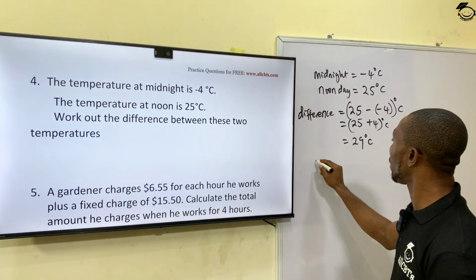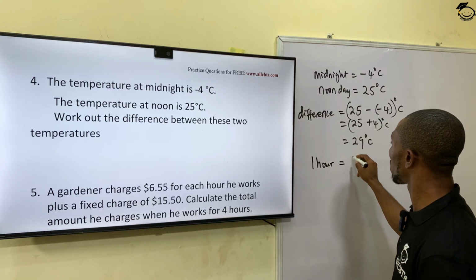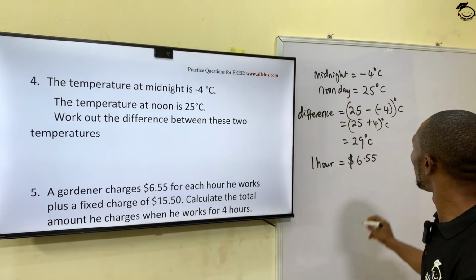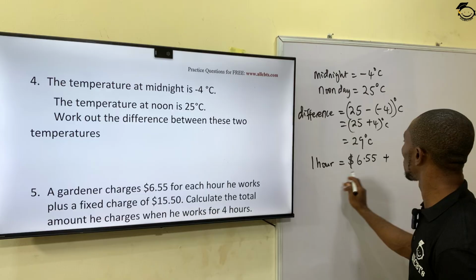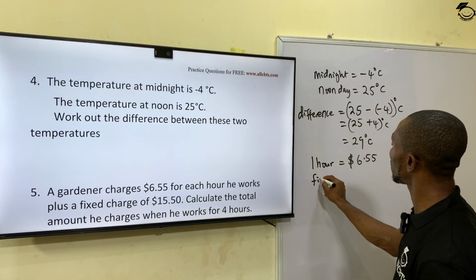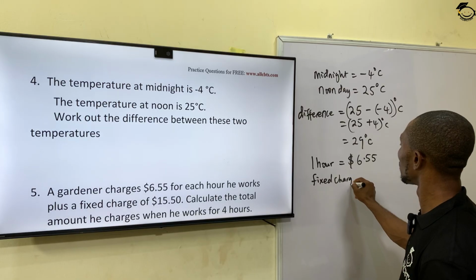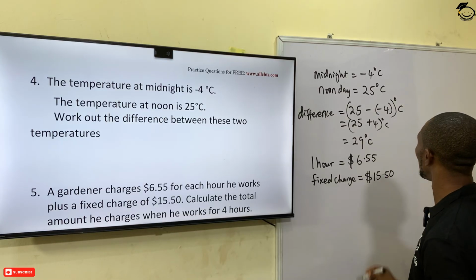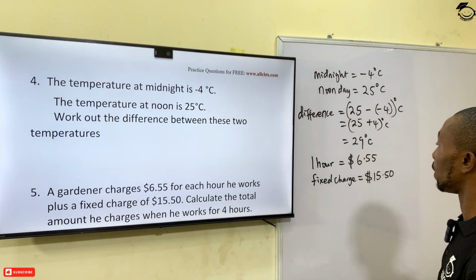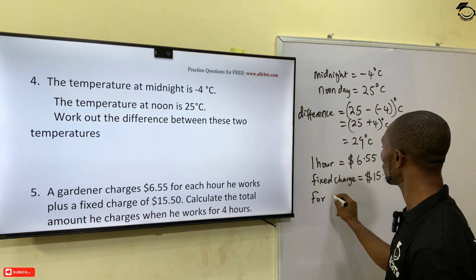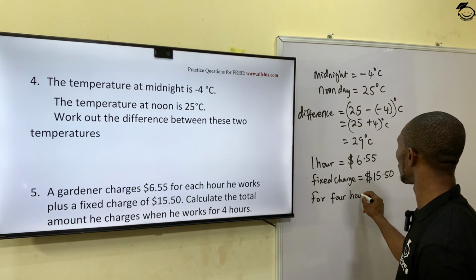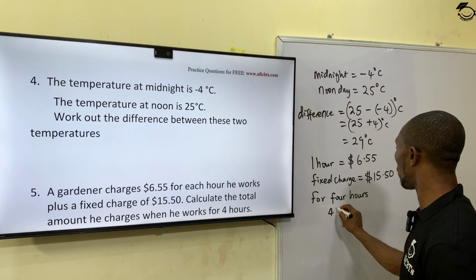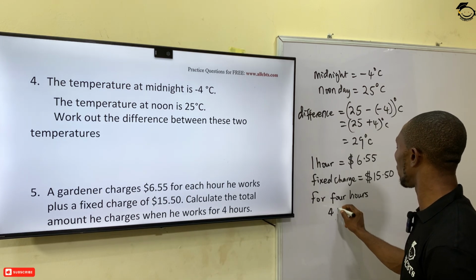For 1 hour, his charge is $6.55 plus our fixed charge of 15.5. Now for 4 hours, we have 4 times the cost of 1 hour.